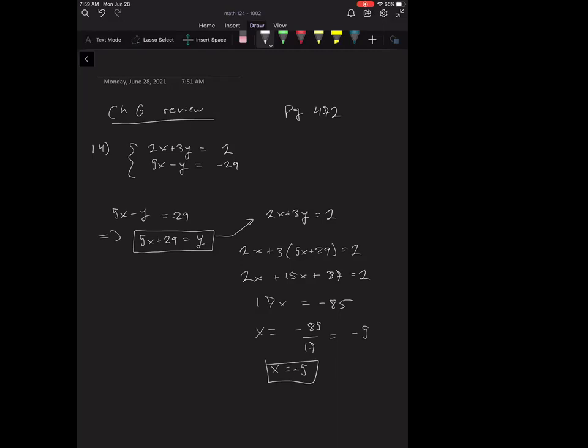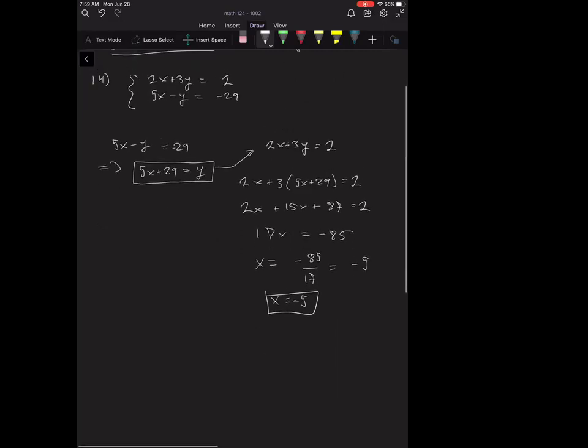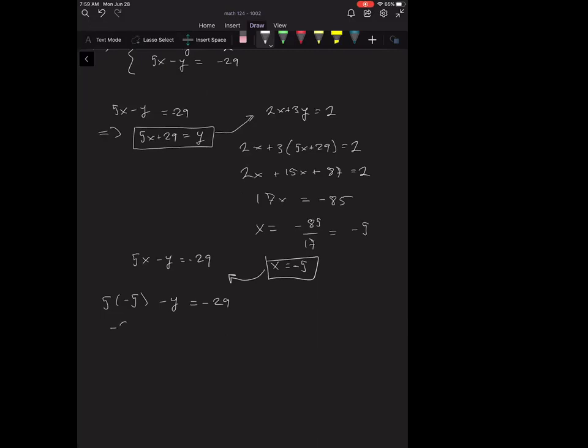So there's one of our answers, but we need to find y. We could take any of our equations. Let's just take the second equation: 5x minus y is equal to minus 29. Then we plug this x equals minus 5 into here. So we get 5 times minus 5, then minus y is equal to minus 29, just replacing the x with a minus 5. So that's minus 25 minus y is equal to minus 29.